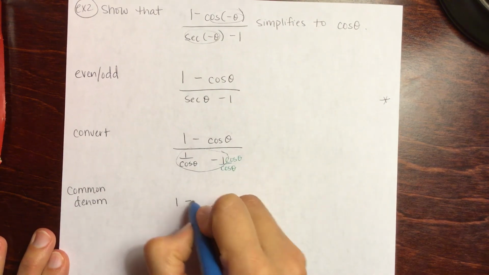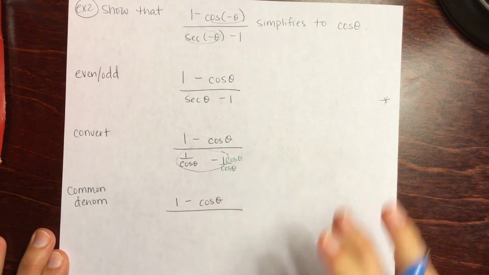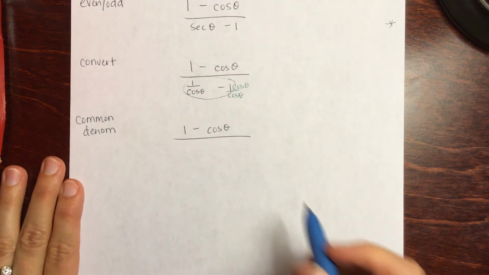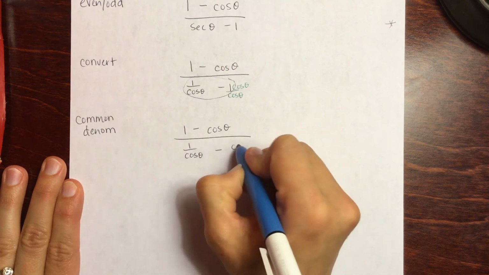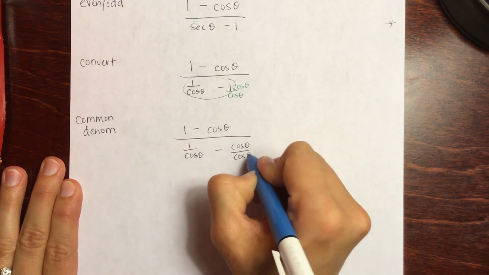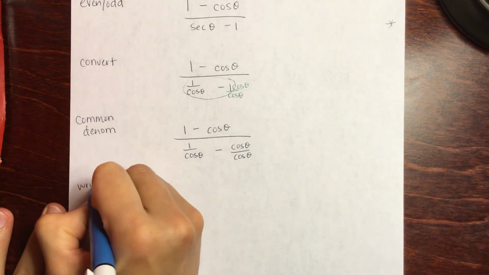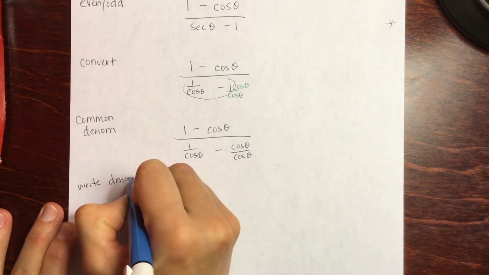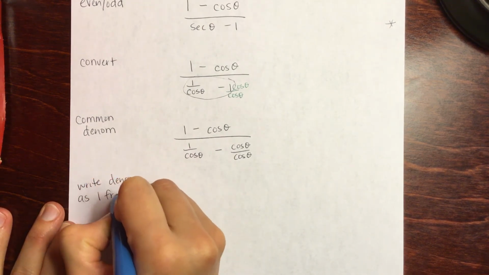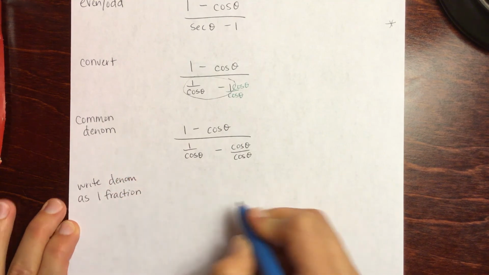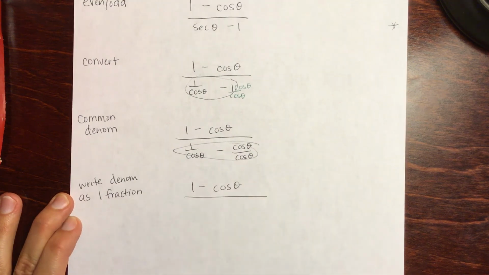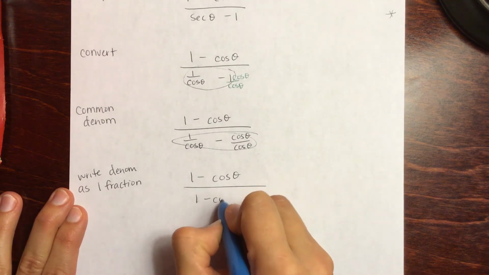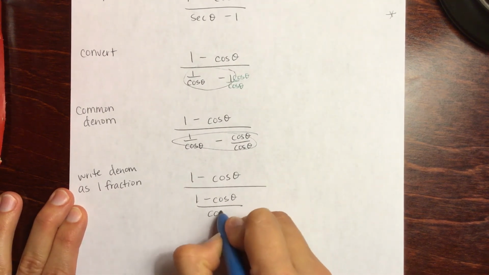So my numerator is as is, we're not messing with it right now. But in the bottom, I have 1 over cosine minus cosine over cosine. And now I can write the denominator as 1 fraction. Which still you may be thinking, this does not look any nicer. But if I write this bottom piece as 1 fraction, I'll have 1 minus cosine theta over cosine theta.